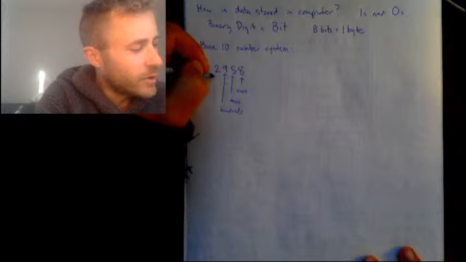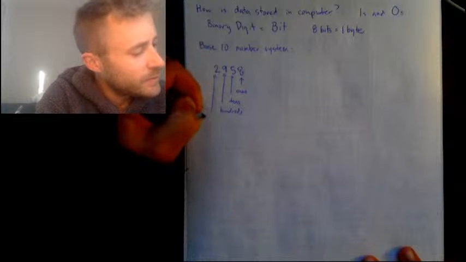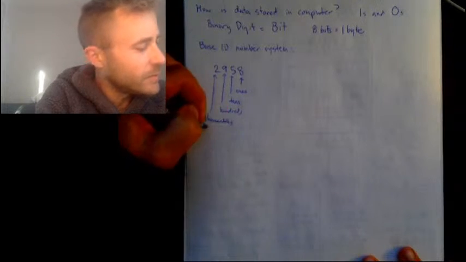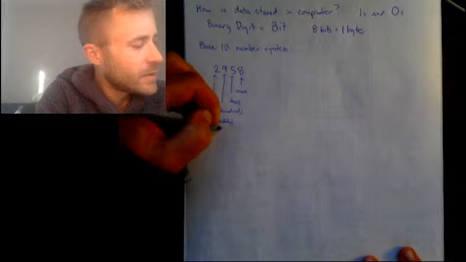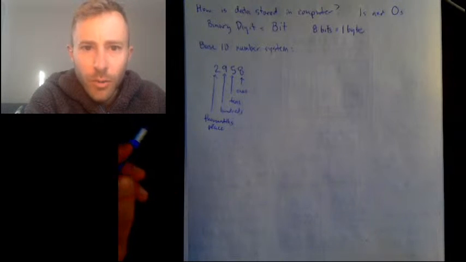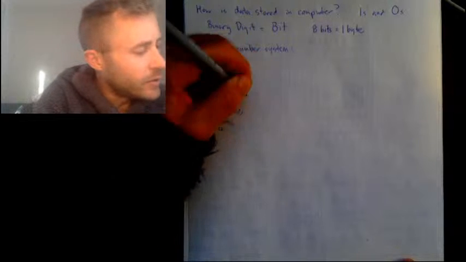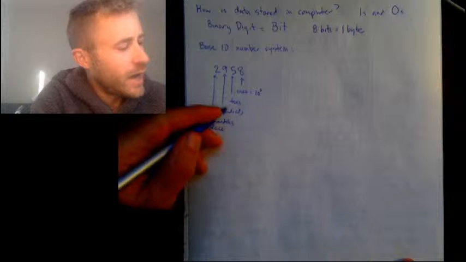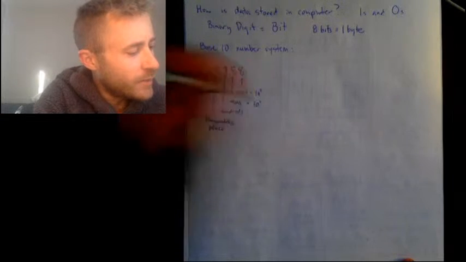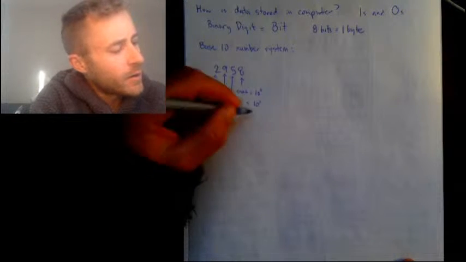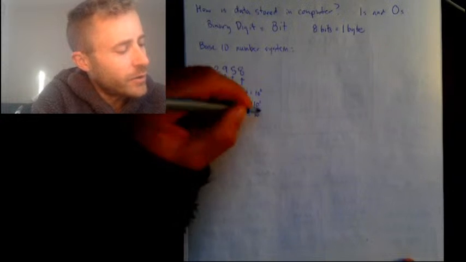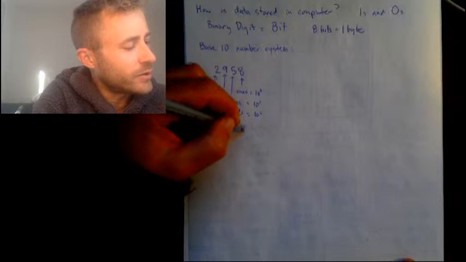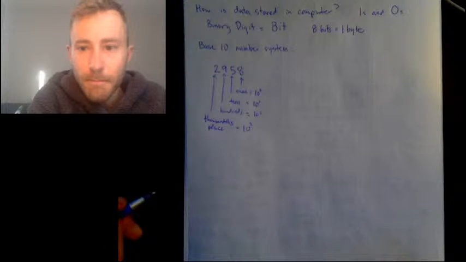And this would be the thousands place. Okay, so one of the things I want to point out is that 1 is 10 to the 0, 10 is 10 to the 1, 100 is 10 to the 2, and 1,000 is 10 to the 3.